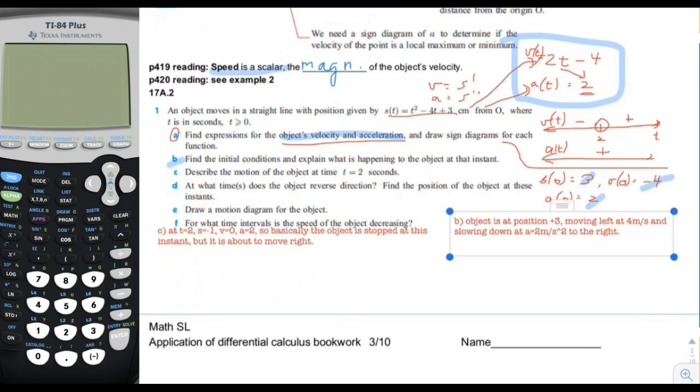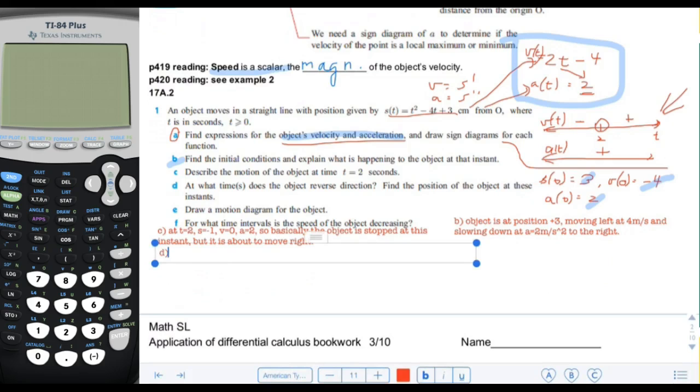So if we just look at our sign diagram, we can say that the velocity is 0 at t equals 2. And I think that's the only place that it's t equals 2. So for D, we're going to say, at what times does the object reverse direction? At t equals 2.